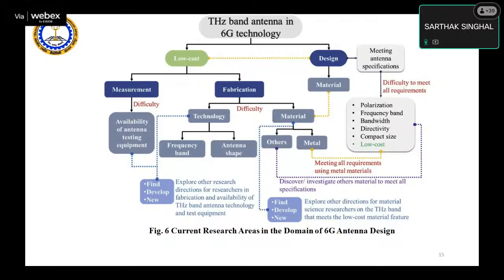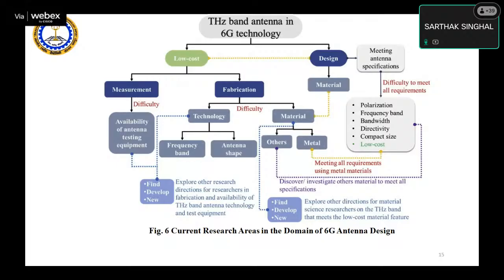So it may be possible that a material which is working well at 50 gigahertz right now, say for 5G, will not work at terahertz frequencies or at the 6G frequency range. So there is a material issue also. The losses increase significantly.